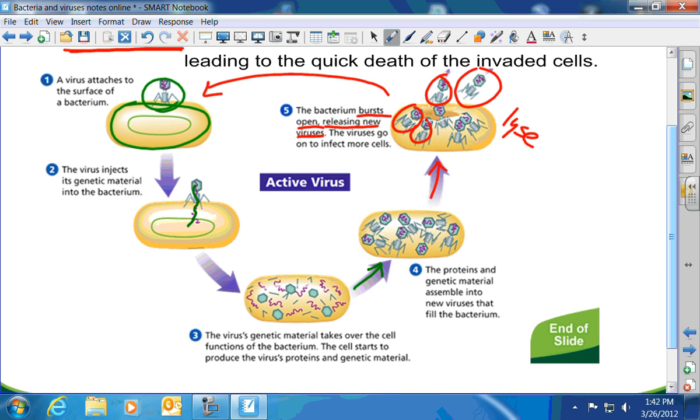Then eventually they lyse, the word lyse means that they burst open, releasing new bacteriophages. So each of these little bacteriophages is going to go to a whole new cell, and they're going to start the process over again. And that is the lytic cycle.